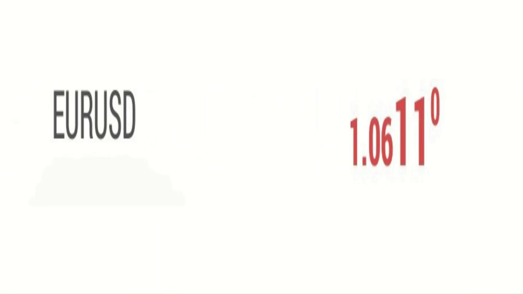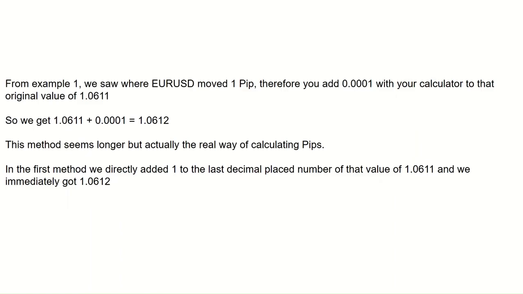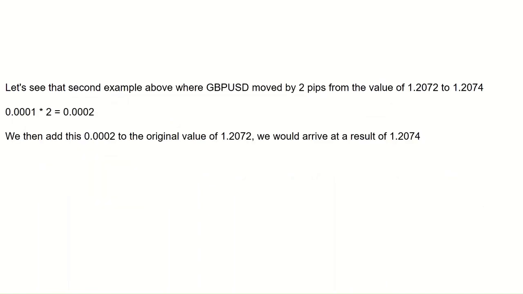If we go back to the first example too, 1.0611 is the current market price, and it made a movement of 1 pip. So we can say 0.0001 times 1, which is the number of times EUR/USD moved, still gives us 0.0001. Then we add it to the original value, and it gives us 1.0612. So that is how to calculate pip movement, and this is the more appropriate way of calculating it.